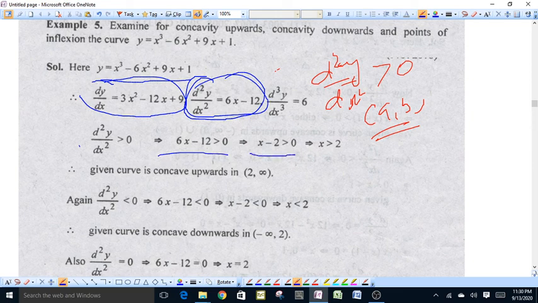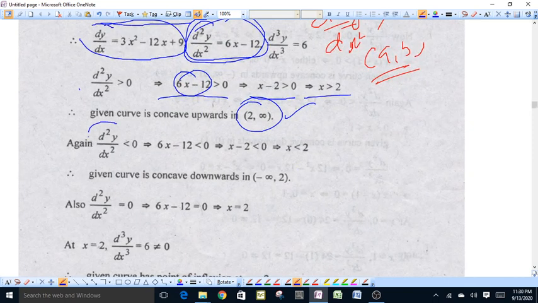We have taken 6 common from this term, and x minus 2 positive means x is greater than 2, which means in the interval from 2 to infinity the curve will be concave upward. That is, in this interval the second order derivative of the function is positive, so the curve will be concave upward.